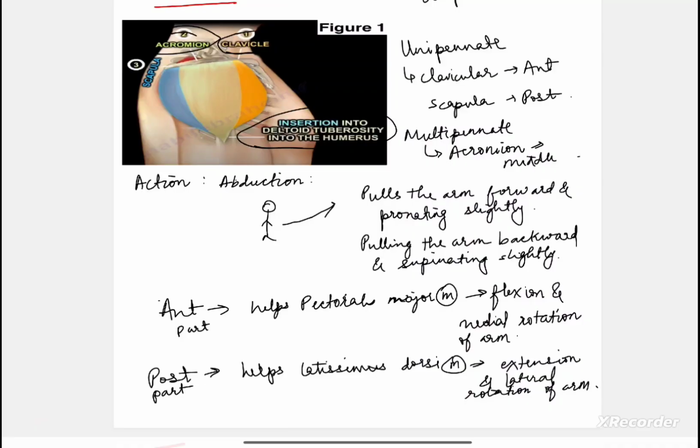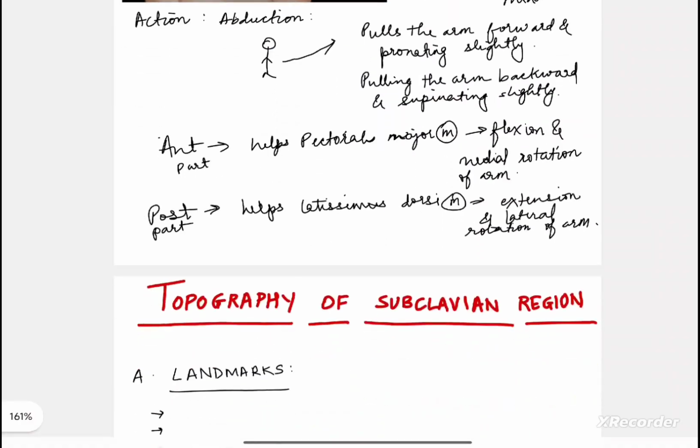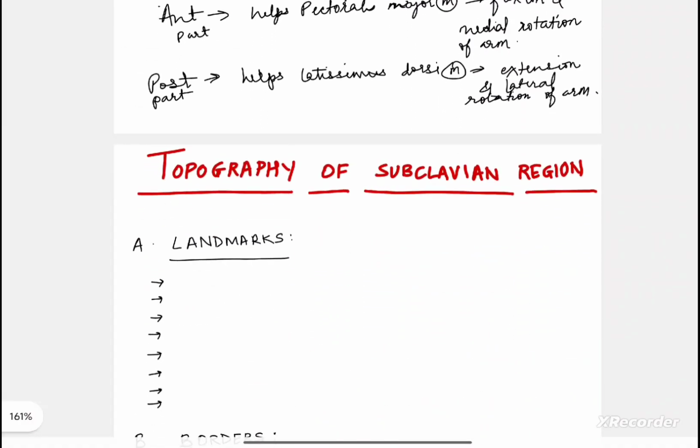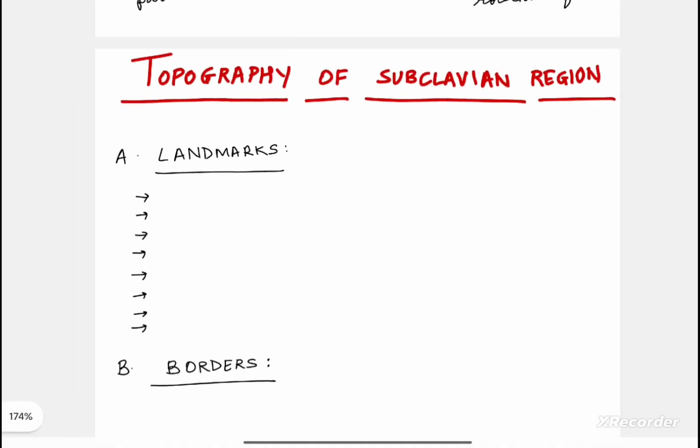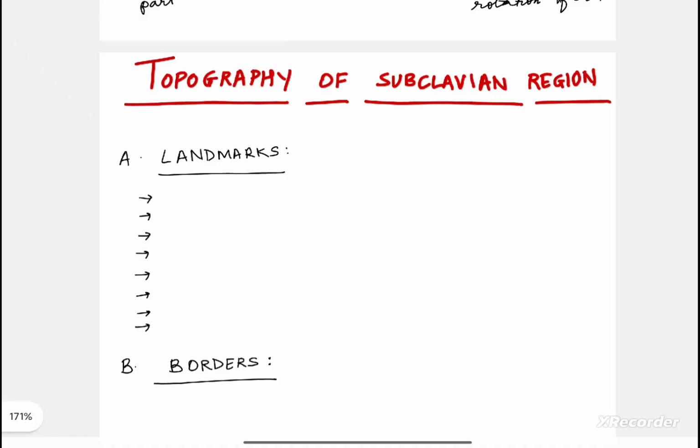Now we move on to the next topic, which is topography of the subclavian region. Okay. Now this is also called the infraclavicular region. Now landmarks. The main landmarks of the subclavian region are sternum, clavicle is obvious, coracoid process. Okay.